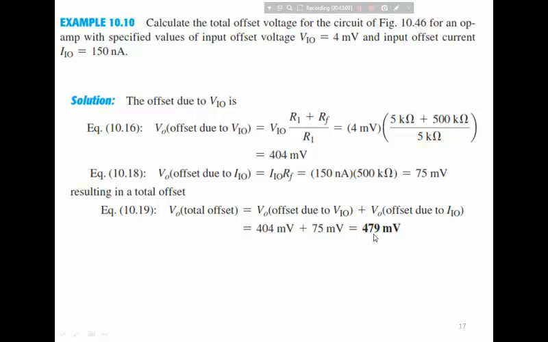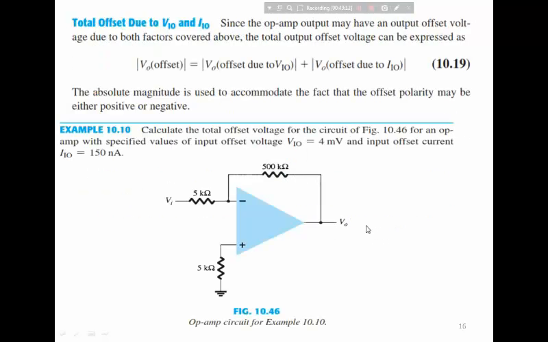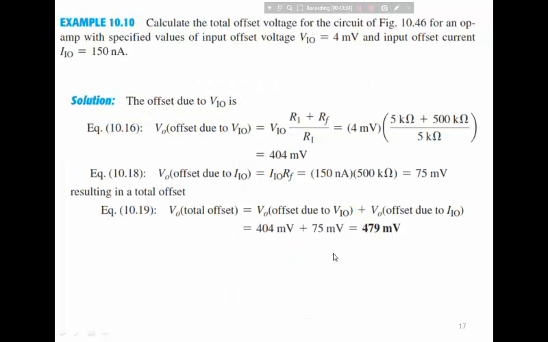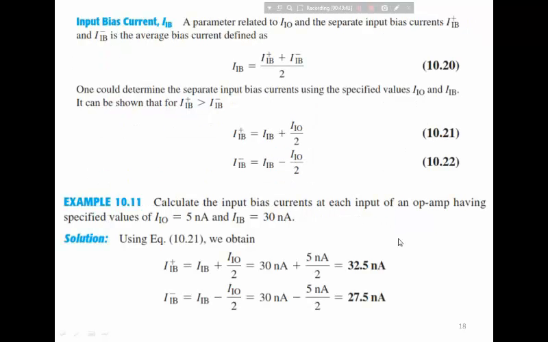That will be equal to 471 millivolts at the output of the op-amp, even when you are not applying any input to the circuit, but because of the internal parameters, non-ideal effects, the output of the op-amp will be in an error of this much. This much voltage will appear at the output of the op-amp due to the internal effects.